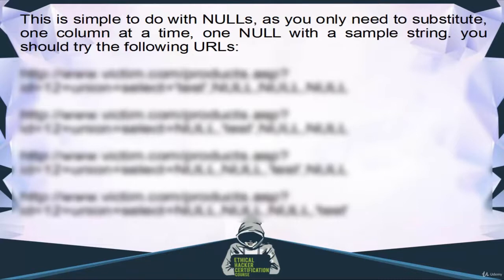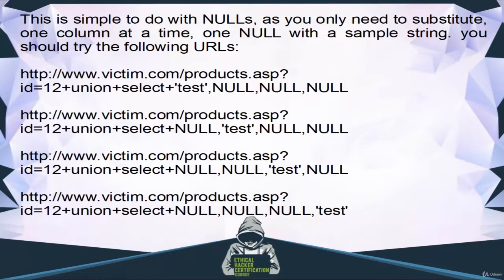You should write the following URL. Like here, 12 plus union select test, null, null, null. Then select null, test, null, null. They are just moving the test forward while keeping null in the blank spaces, that is, one column at a time.